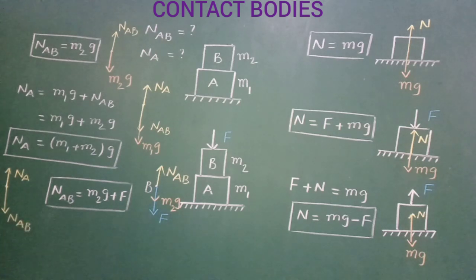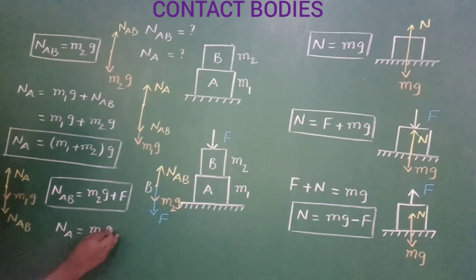In addition to this, weight of the block A is acting in downward direction, that is m1 into g. Now, write the equation. Then we get normal reaction NA is equal to m1g plus NAB.